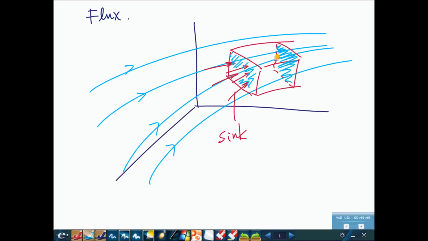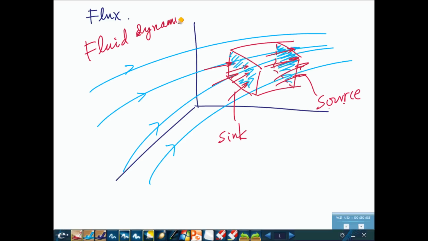It is flowing out. So it passes to go out of that surface, right? So it's source. So this kind of fluid analysis, fluid dynamics, like mechanical engineering, you need divergence to really make an analysis on that. All right?